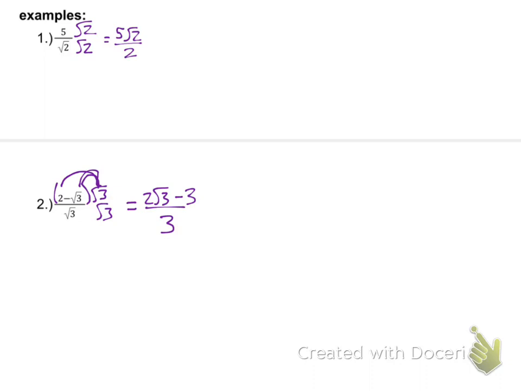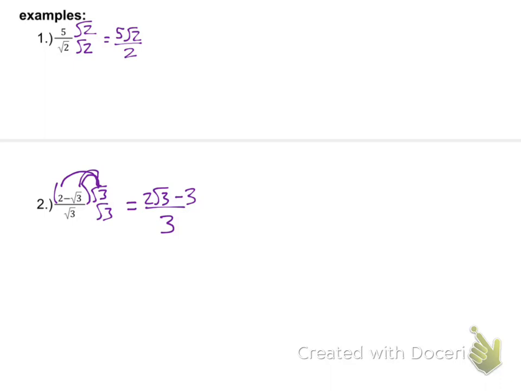Now, guys, to be real honest, this probably isn't the most challenging thing we've done this year, right? This whole idea of just multiplying by the square root or the conjugate of the bottom. But a lot of books, a lot of teachers, a lot of schools, they stopped teaching this. They're like, this is a lost art because we don't need it anymore.